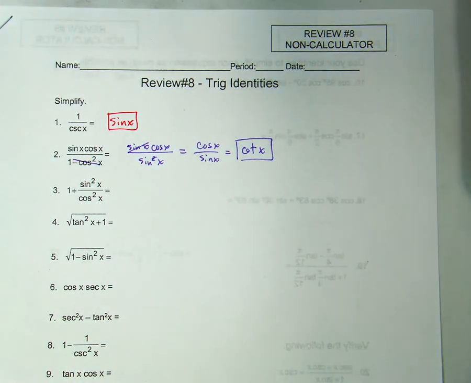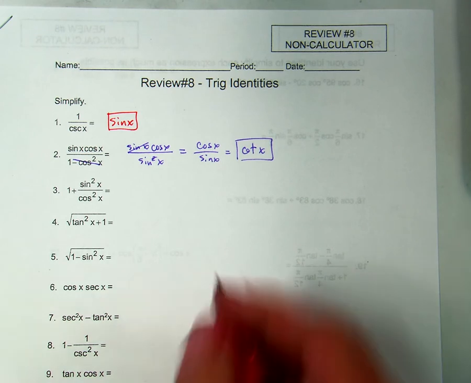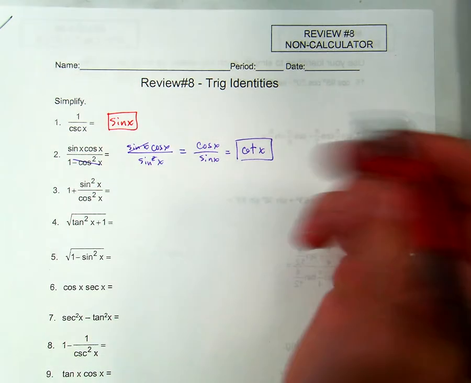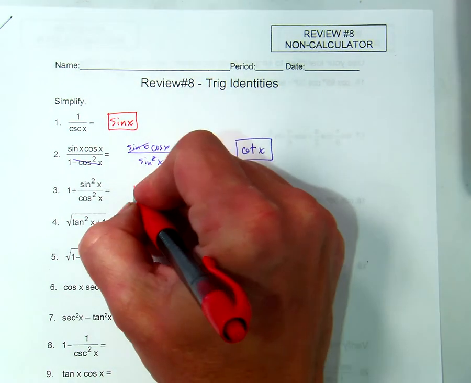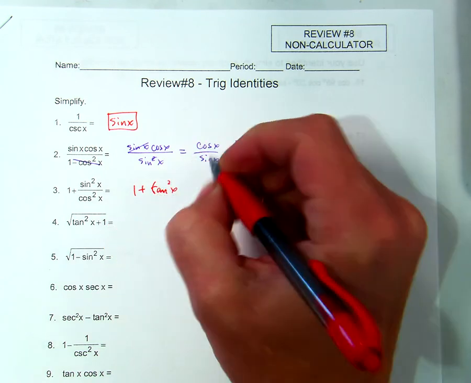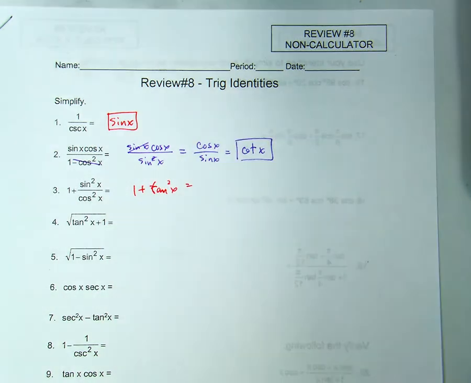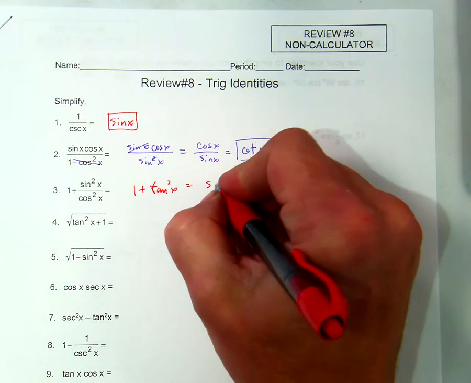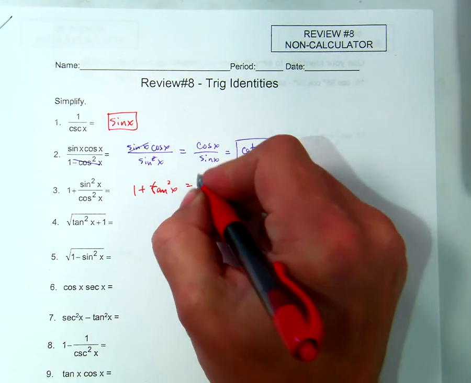Number 3. If we take sine squared over cosine squared, that's just tangent squared. So 1 plus tangent squared x. And that is also another one of our Pythagorean identities that gives us secant squared x.